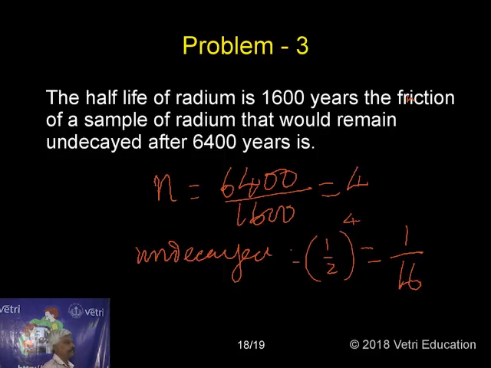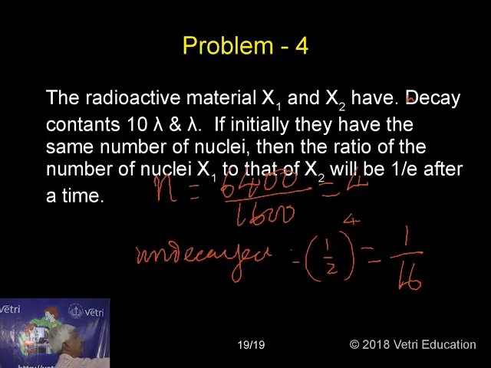That is what we have to understand. Otherwise, we can put initially 1 atom, after the first half-life 1 by 2, second half-life 1 by 4, third half-life 1 by 8, fourth half-life 1 by 16. Like that also we can find out.